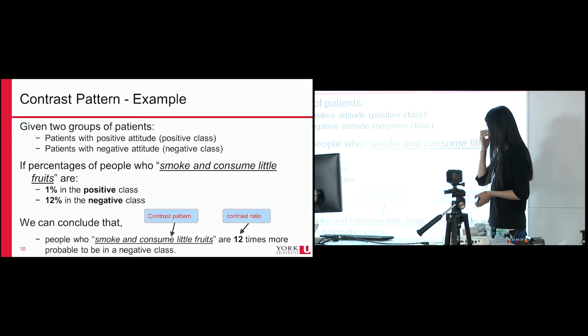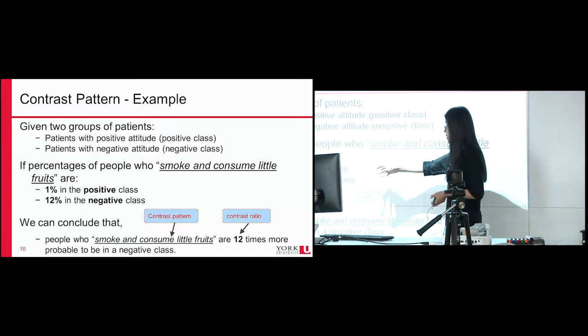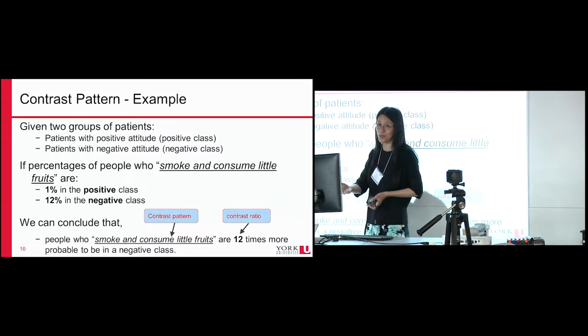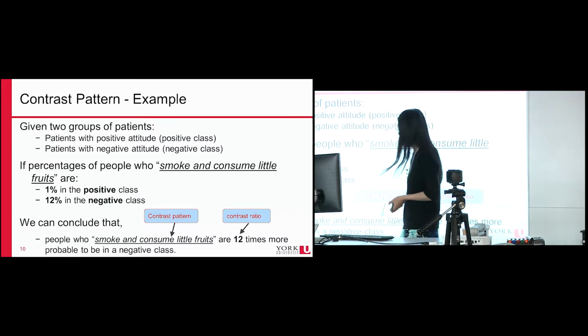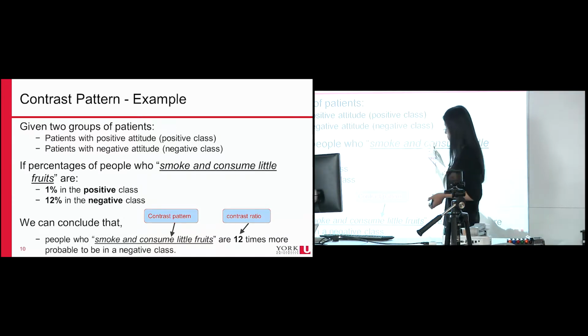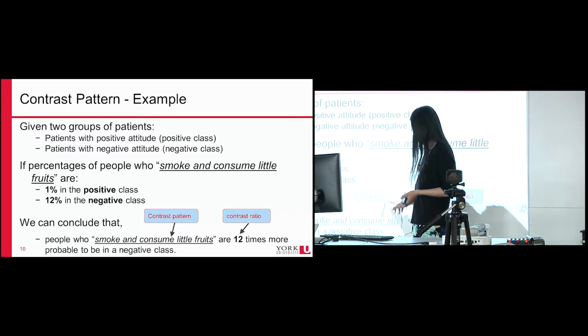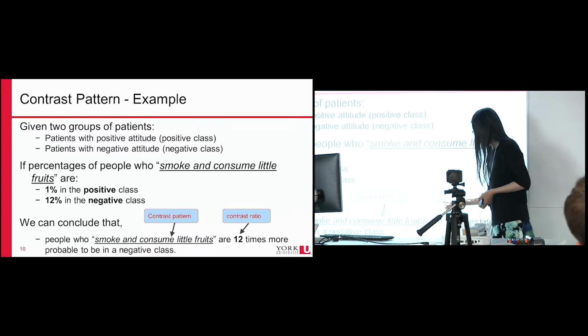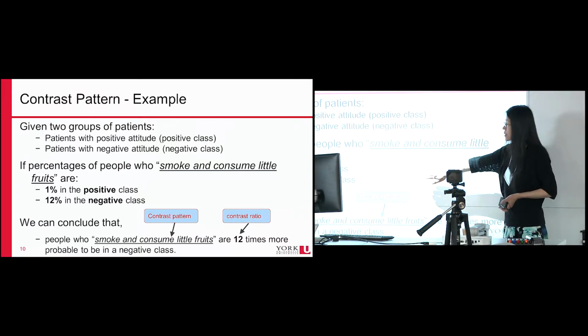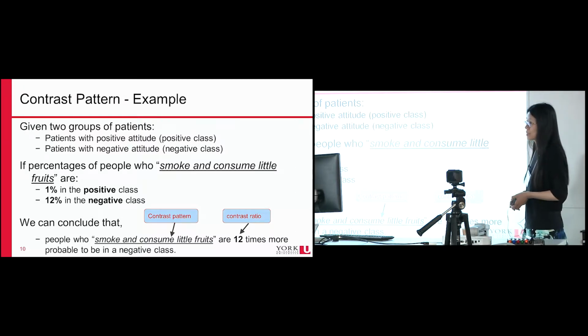So the difference is considered to be large, depending on the threshold the user provides. If the difference is big, then we consider the joint of these two items a contrast pattern.